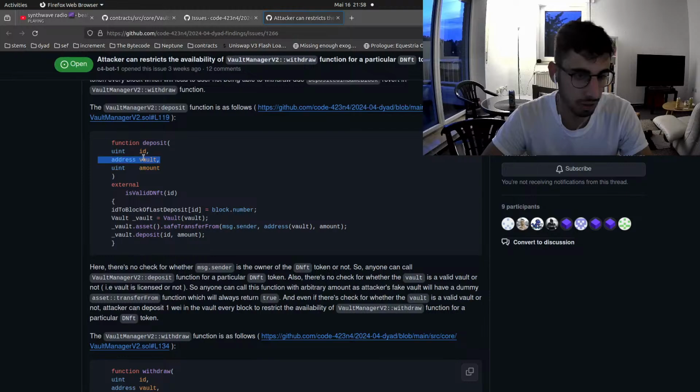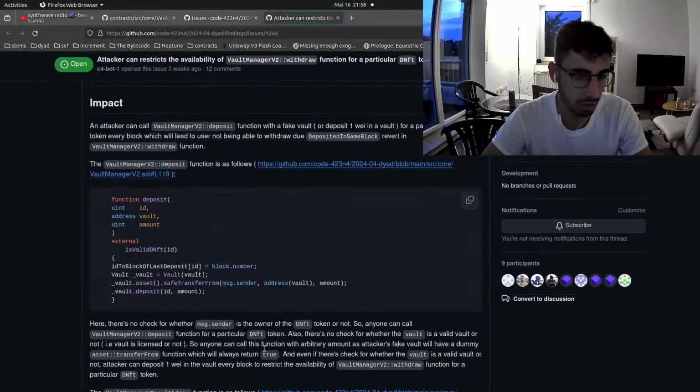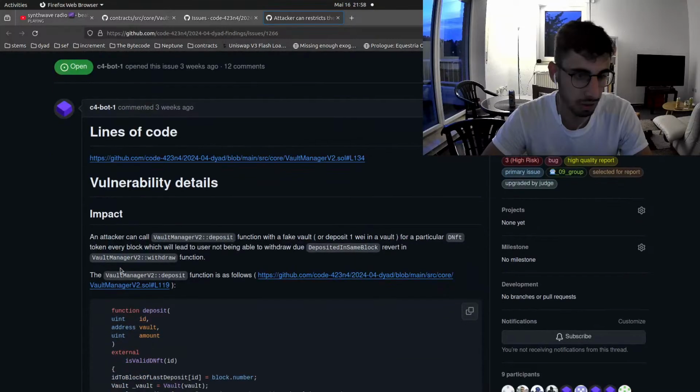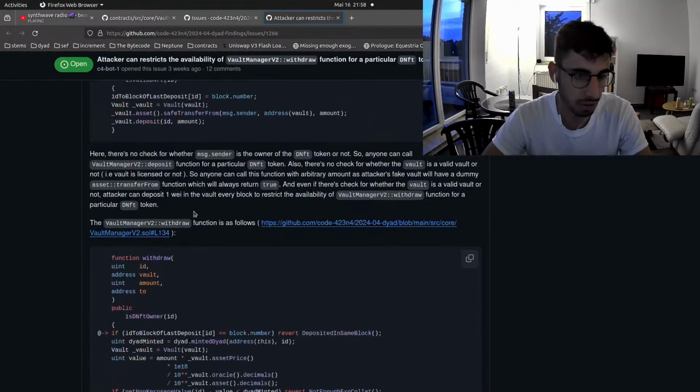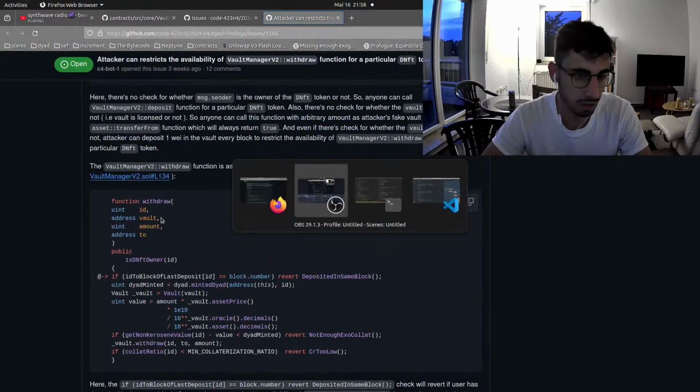I never check for zero address. And I don't check if it's a licensed vault or not. So that's a non-issue. The blocking of the withdrawal is an issue. So we should fix that, and I actually already did fix it.